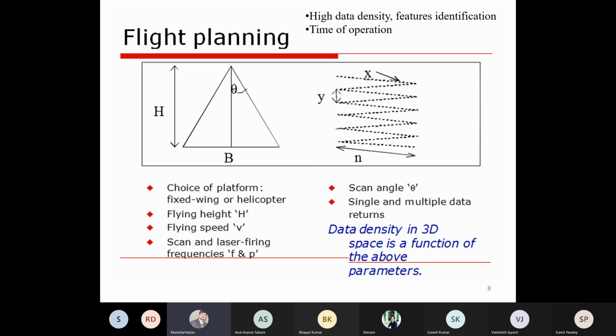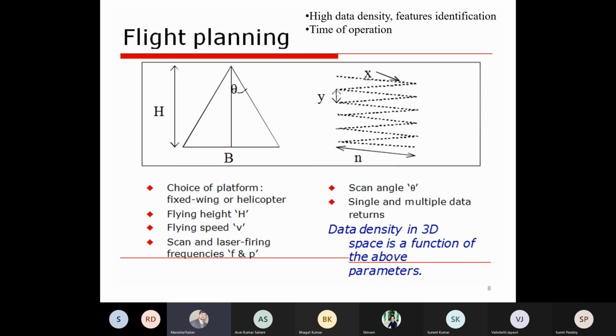See, f is fixed. The scan rate we are not going to change. But it incorporates double the length, and it is considered as one scan line. Are you getting the point?